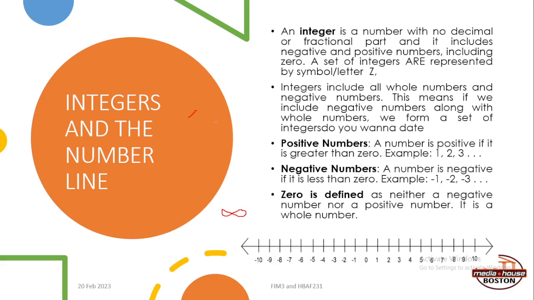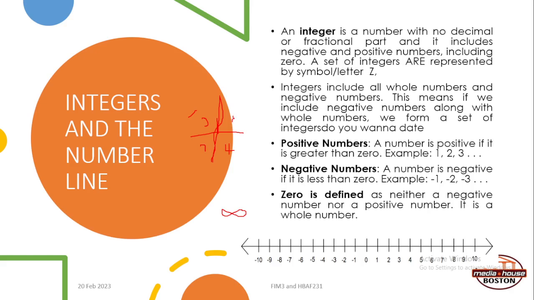These integers can be put in a graphical system, where we have your first quadrant, your second quadrant, your third quadrant, and your fourth quadrant.